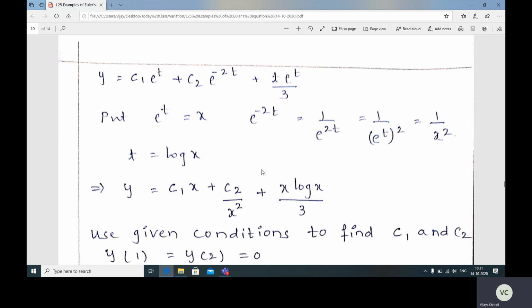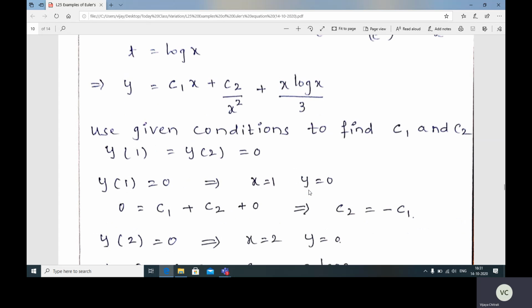So e raised to t is x, and you'll get e raised to minus 2t as 1 upon x square, and t is log x. So substituting all this in the general solution, we will get y as c1 x plus c2 divided by x square plus x log x divided by 3. So this is our general solution.